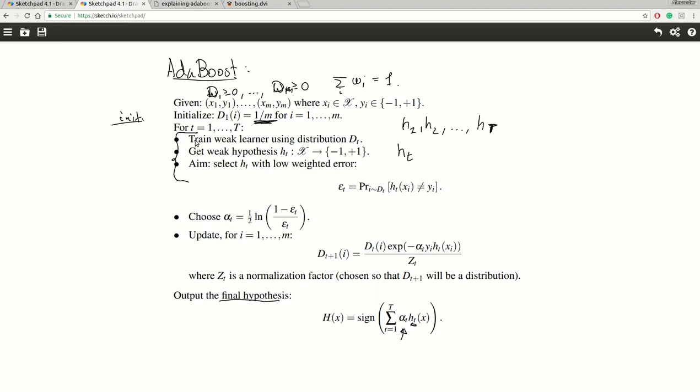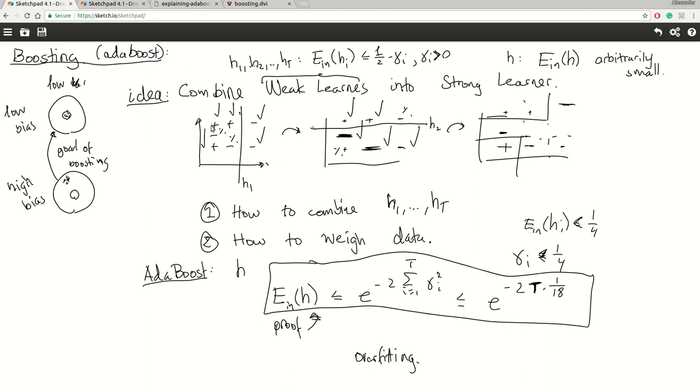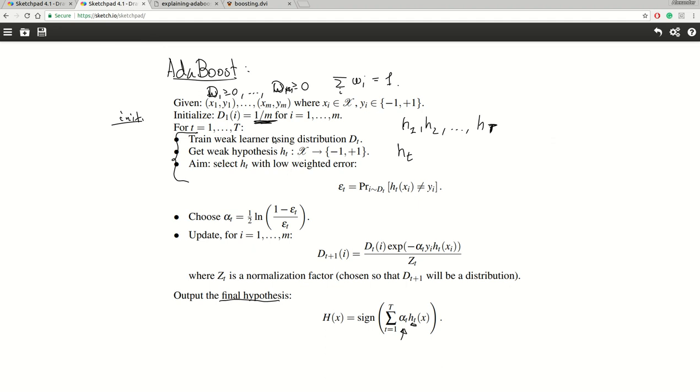So we train a weak learner using the distribution we have on our dataset. This corresponded to how I drew the sizes of the points. How important are the points now? This is what the distribution basically says. Initially they'll all be equally important, and then we'll just learn normally. But in other iterations, we might have that one of the points is maybe the only one that's important, and we don't care about anyone else.